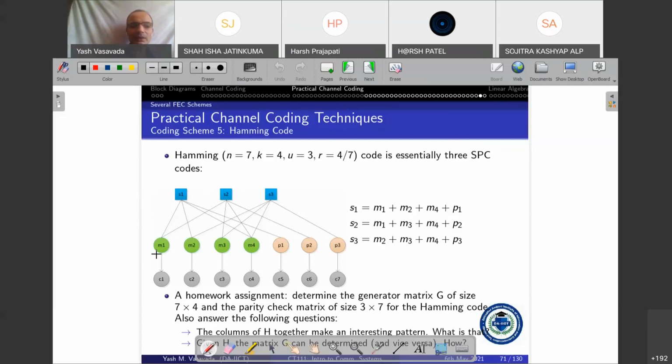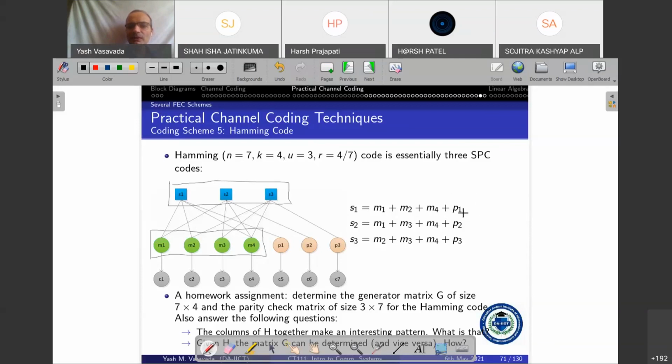So what he said is that I will take 4 information bits at a time. And remember, everything is just a combination of SPCs. So he said that I'm going to use 3 SPCs. So there will be 3 supervisory nodes. And these are the formulas by which the Hamming code calculates the parity bits.